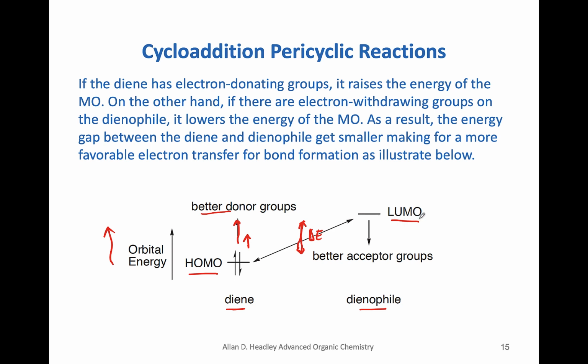Electron-accepting group lowers this here, which makes this gap much smaller. So we have electron flow from the HOMO of the diene to the LUMO of the dienophile, making for an effective reaction.